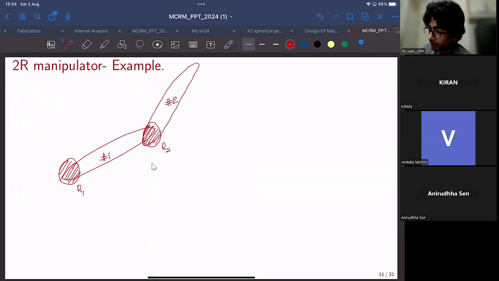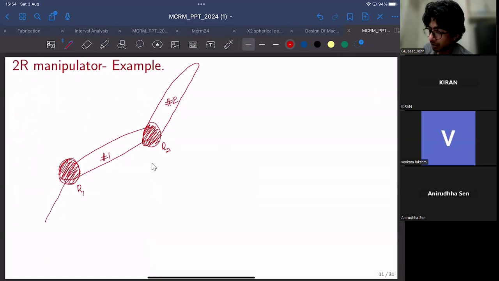The first and foremost thing to do is to identify the axes of the joints. Since these are revolute joints and this entire mechanism is a planar mechanism, because it can only move along a plane, the revolute joints are out of plane. They will come out of the plane.